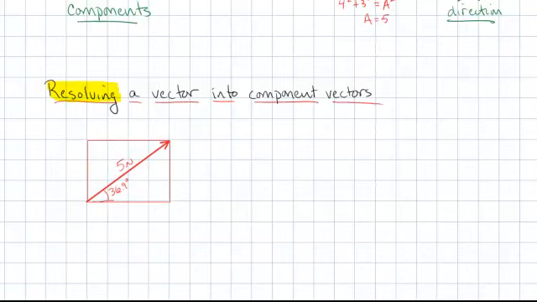If I do that, and then describe a vector here that goes horizontally and then vertically, that gives us a vector of 4 newtons and 3 newtons. So 4 newtons to the right and then 3 newtons up is equivalent to a vector which is 5 newtons at the original angle.